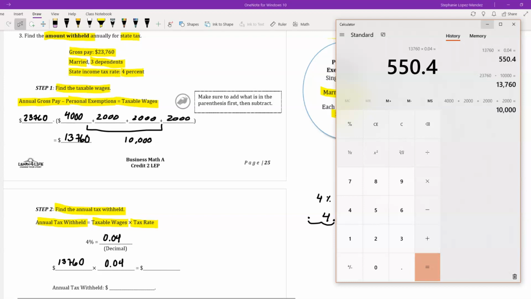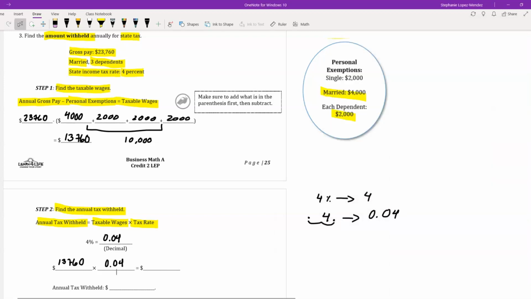That is a total of $550 with 40 cents. So our annual tax withheld total is $550.40.